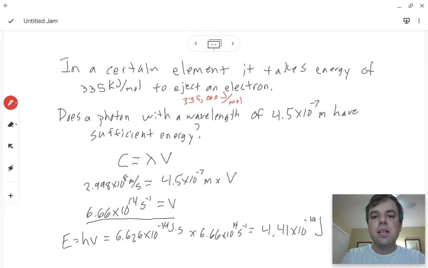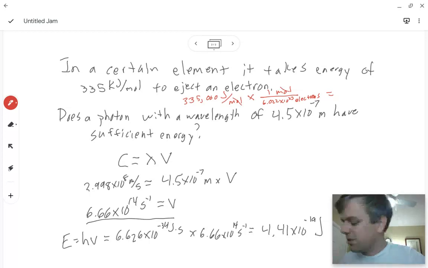And then we can multiply that by 1 mole is 6.022 times 10 to the 23rd electrons, so that we cancel out moles and we get joules per electron.